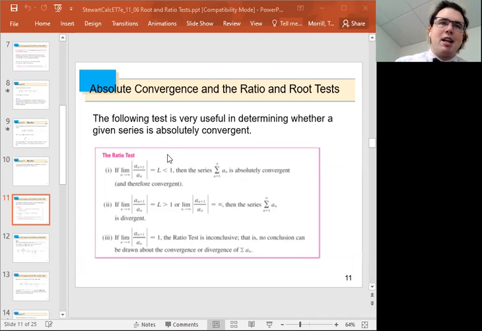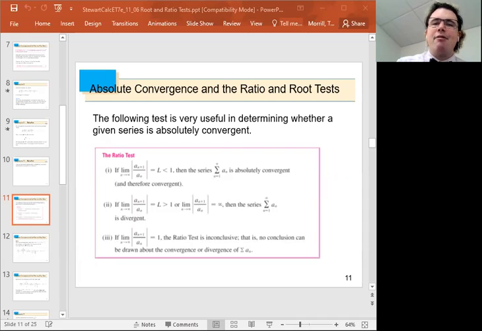If that limit is a number less than 1, right, since I'm using absolute value bars here, I can't get negative numbers. If that limit is less than 1, then the original series is absolutely convergent. And this is basically saying that the series itself is like a geometric series.